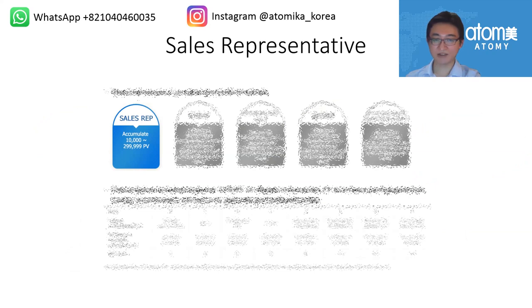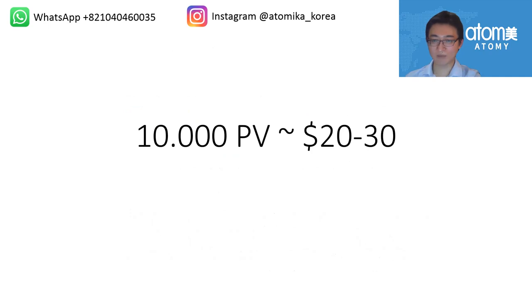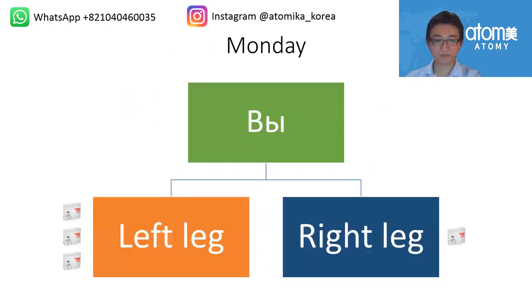And after that, your group PV can be calculated and you can receive money from the company. So 10,000 PV. How much is it? It's approximately $20, $30. And let's go back to this scenario.